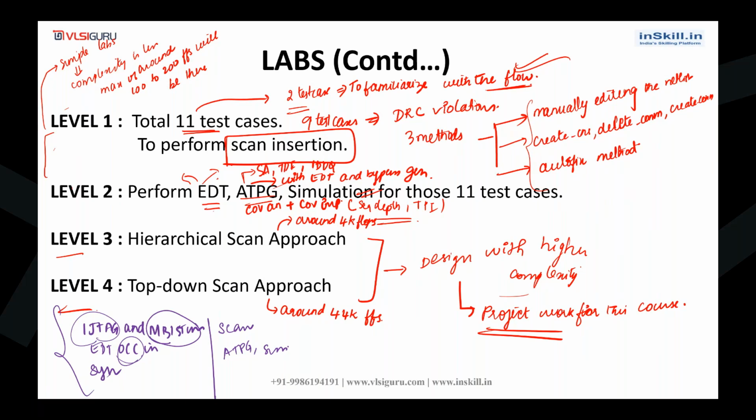Okay. And the difference between level 3 and level 4 projects is that level 3 projects use the hierarchical scan approach, and level 4 projects use the top-down approach. When you go for hierarchical scan, some additional concepts also come in, like scan wrappers, InTest, ExTest, and pattern retargeting.